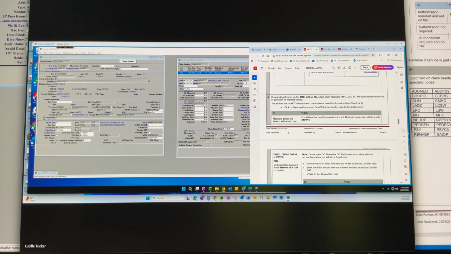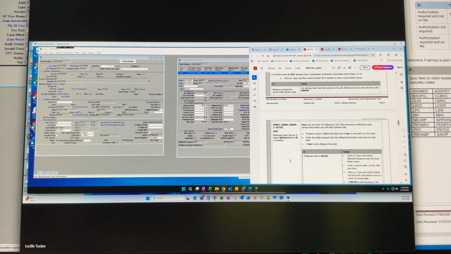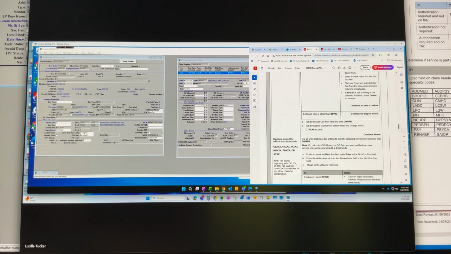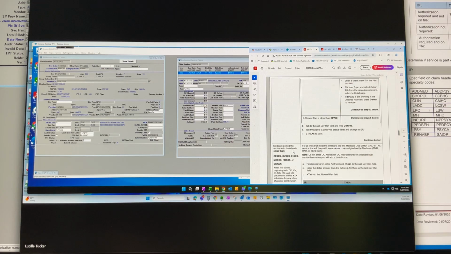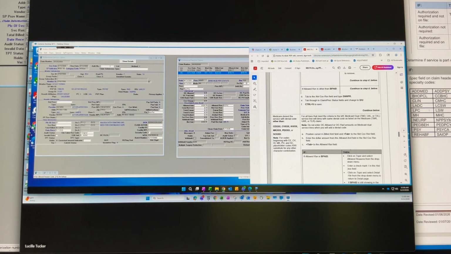First it says the Medicare denied the services with these denial codes. That's not us. Medicare denied the services with these denial codes. Nope, not us. Medicare denied the services with denial codes other than, not us. And if it was, we would mirror the Medicaid denial.